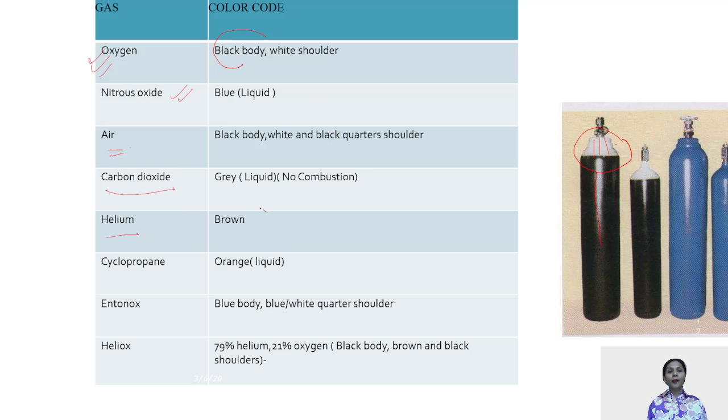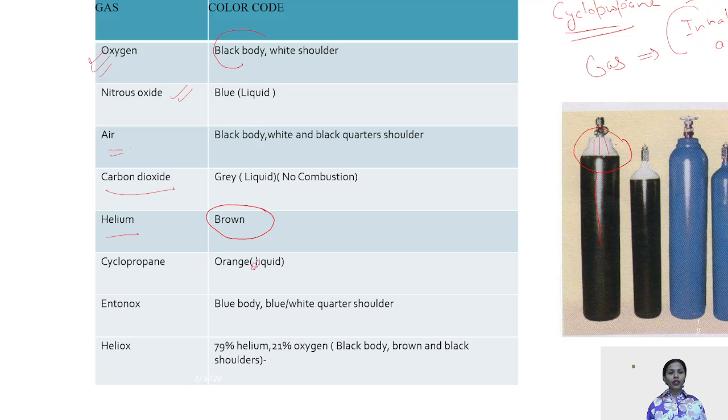Helium is brown. Cyclopropane is orange in color, and cyclopropane is an inhalational agent. Please remember this. Cyclopropane is an inhalational agent, and the only potent inhalational agent which is present in the form of gas.